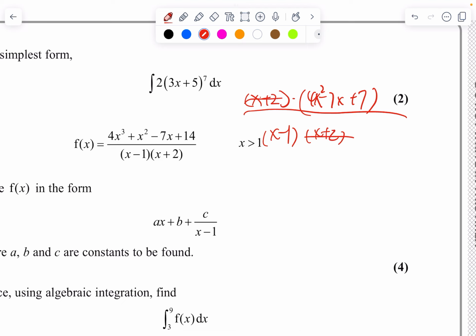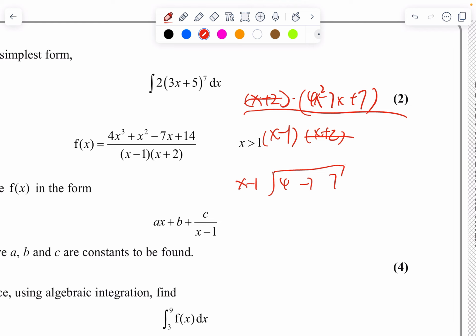Now we have to find x minus 1 here and then do a substitution. So, I guess we can... I should have just done long division with the product, but let's do another long division.